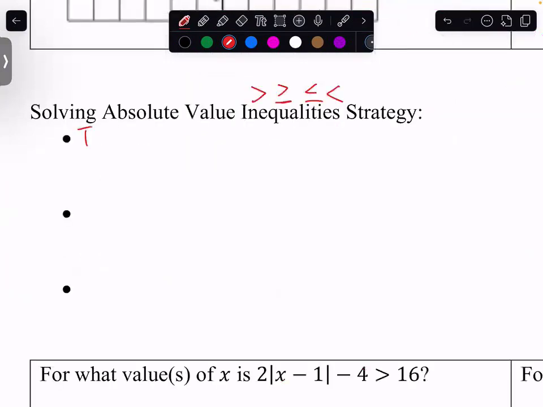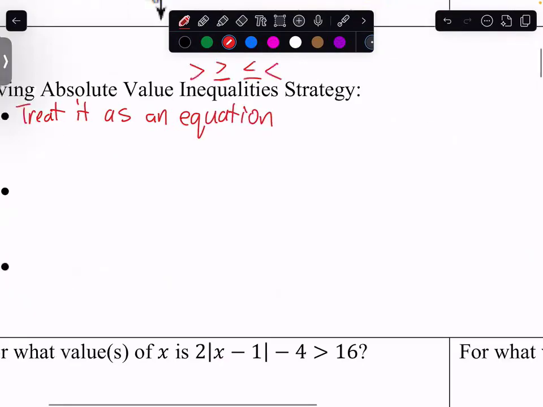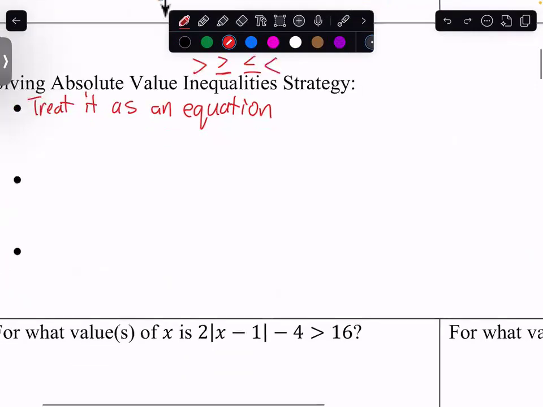Step one. Even though it's not an equation, even though there's no equal sign, you're going to temporarily treat it as an equation.